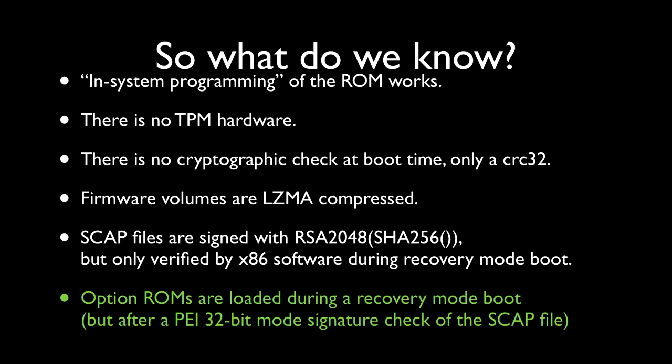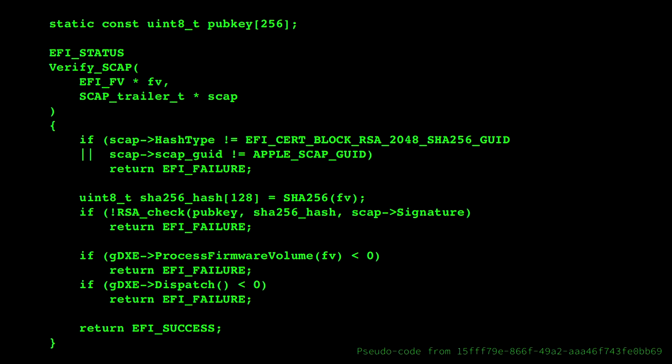However, there's a minor roadblock that there is a PEI 32-bit mode signature check of the SCAP file before the option ROM gets executed. So is there a way that we could bypass that check? If we go back to that pseudocode for the flasher verification, remember that process firmware volume is being called via a function pointer that's in RAM, not in ROM.